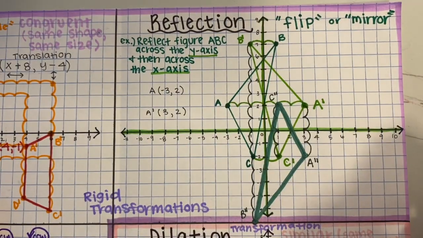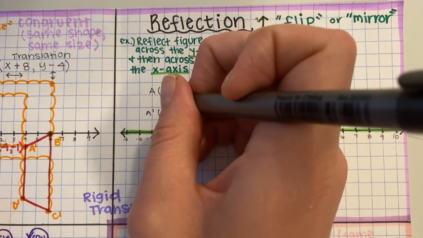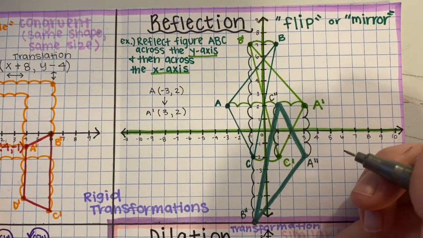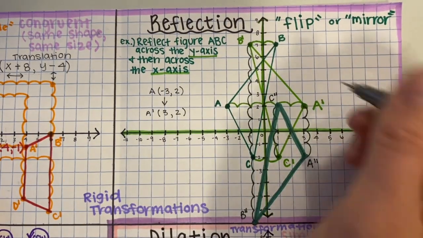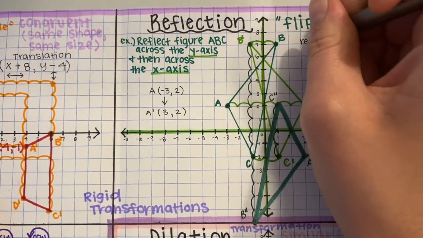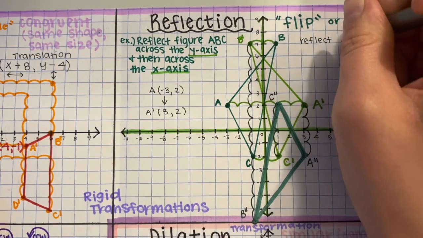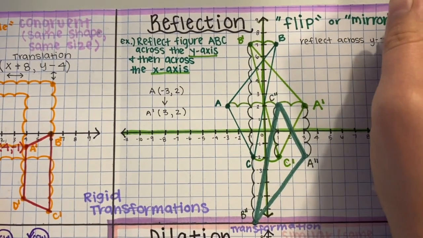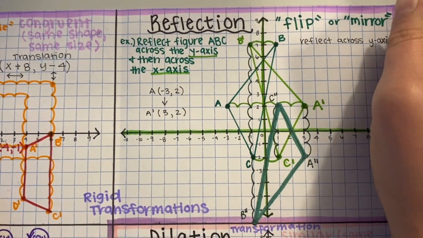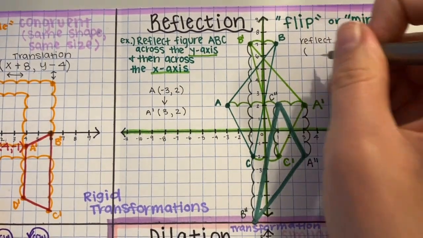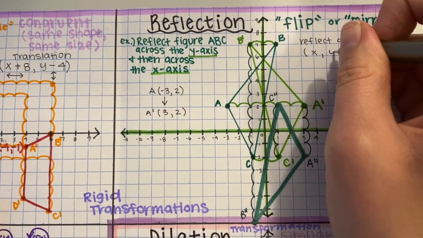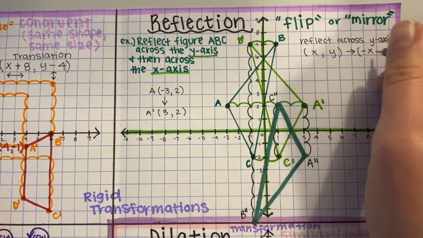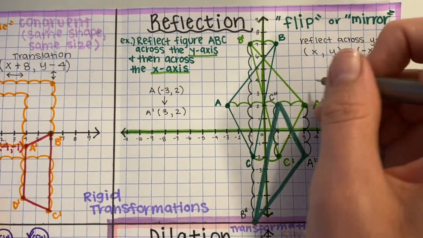What happens is we are flipping the sign of our X value. So Y stays the same when we have a reflection across the y-axis. Algebraically, it goes from X, Y to -X, Y.